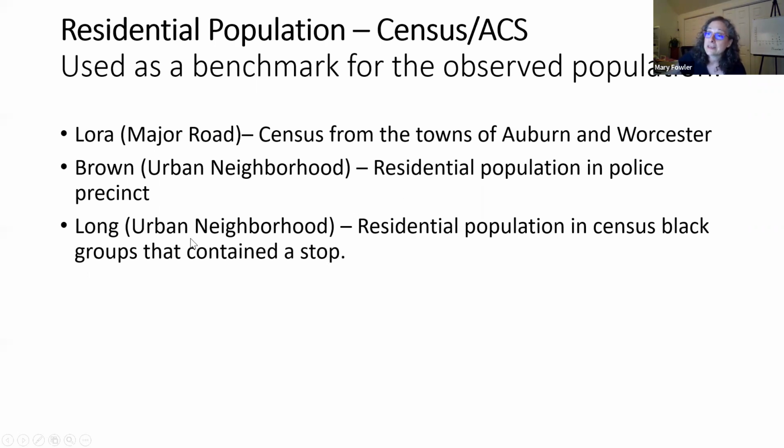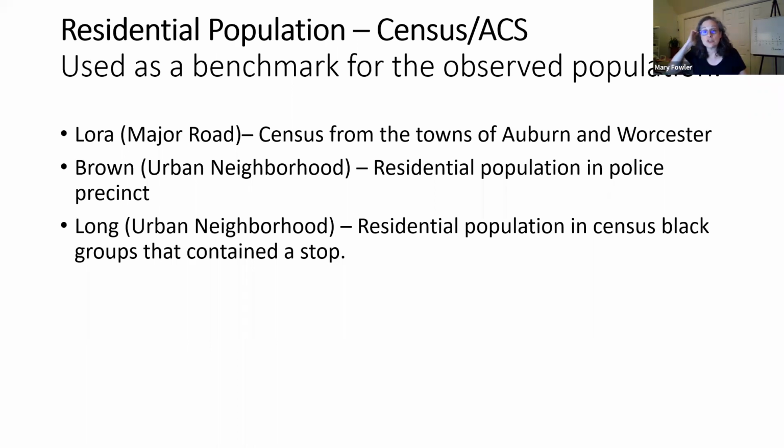And in the Long case, again, it was an urban neighborhood in Massachusetts. To get a more detailed understanding of where our officers patrolled, one of the police actions which was tracked was police reports, field investigation and observation reports, FIO reports.